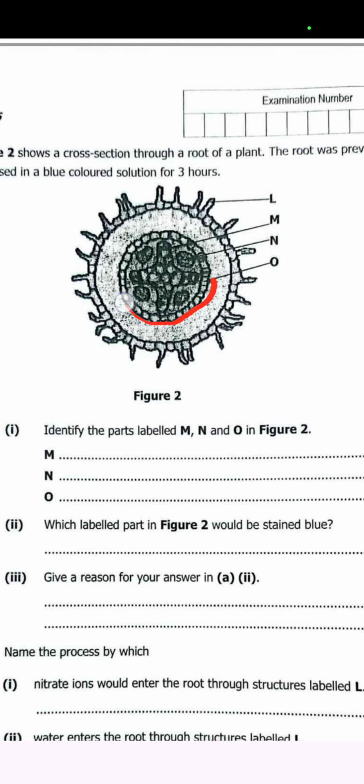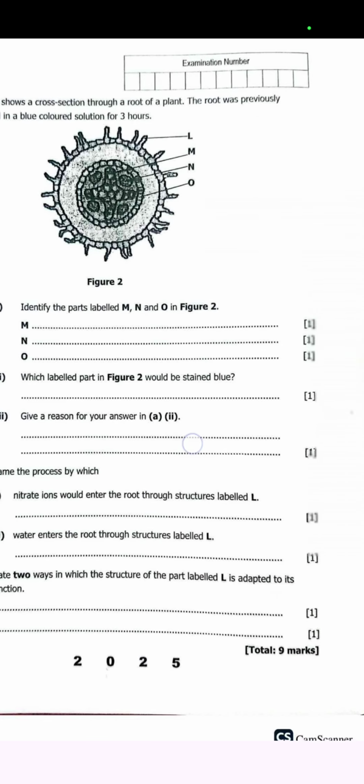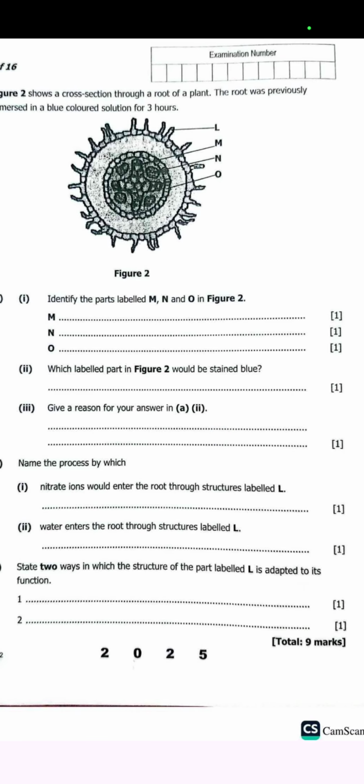O is this circle which is here. So this circle is called an endodermis. Okay, so that is what it is called. So M is xylem, N is phloem, and O is an endodermis. Okay, so now that was question A1, and you have 3 marks like that.